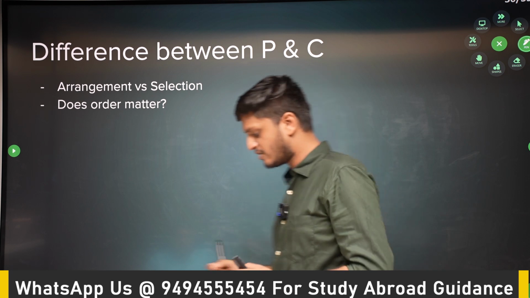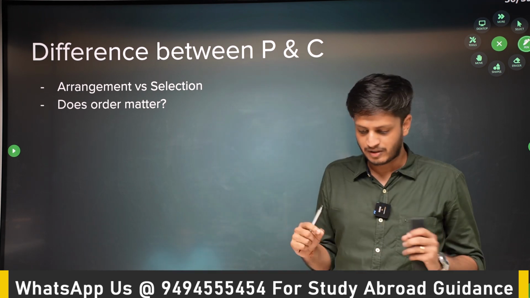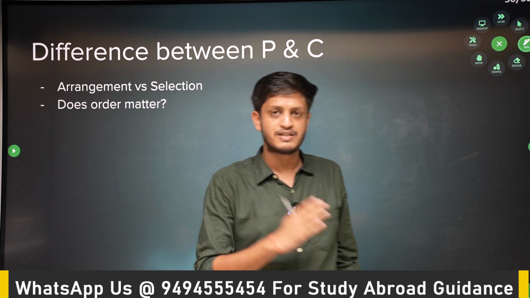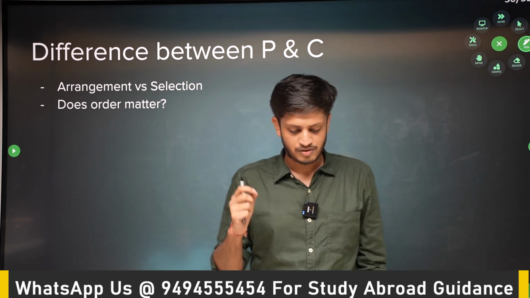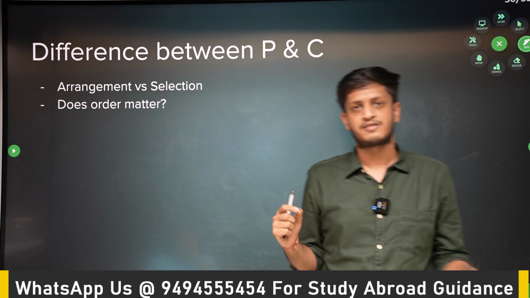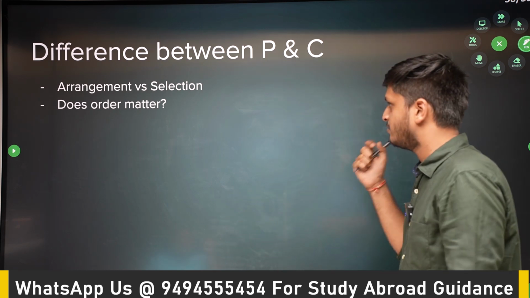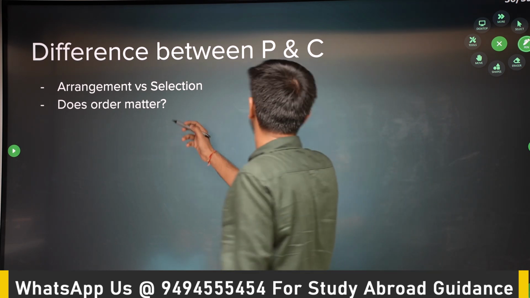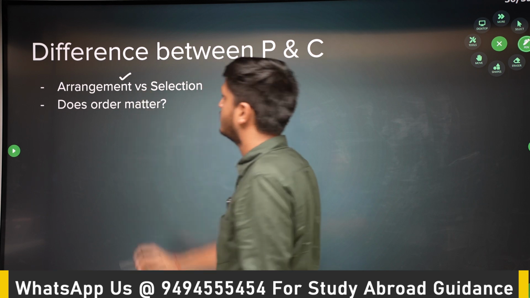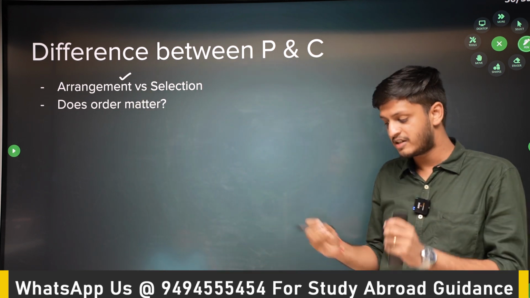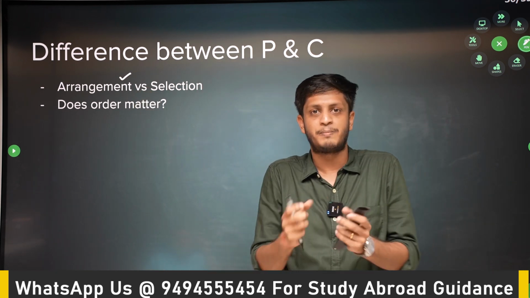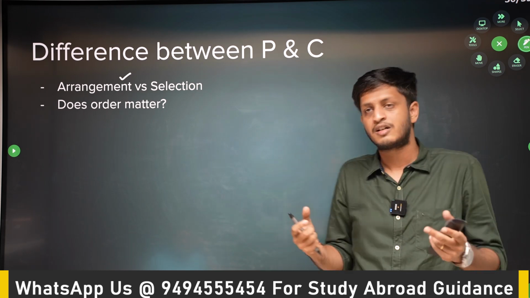Cool. So this was a brief introduction to combinations. We have learned permutations and combinations. So what are the major differences between these two? The first basic difference: permutation means arrangement. The English term permute means arrange.